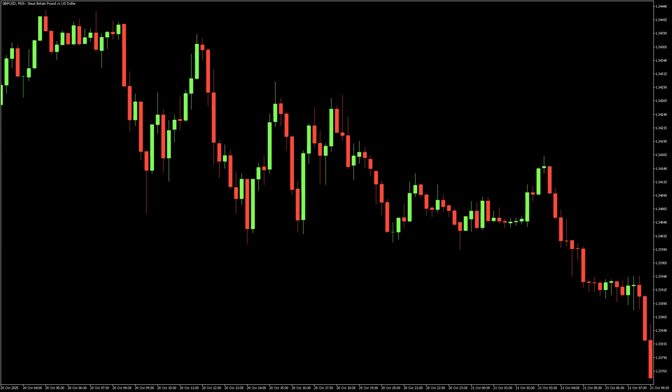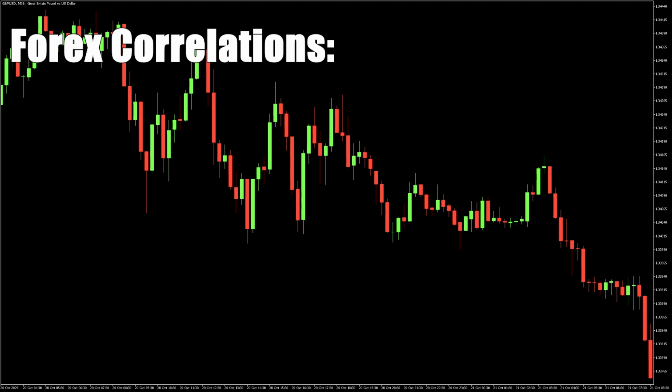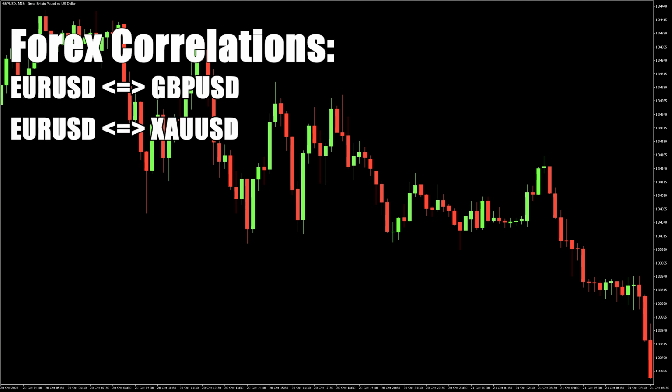Not every pair has strong correlation. Here are some of the most reliable ones. Forex correlations: EURUSD and GBPUSD have a very strong positive correlation. EURUSD and XAUUSD, or gold. Gold often moves with EURUSD when USD is weak. USDJPY and US30 or Dow Jones both react strongly to risk sentiment.